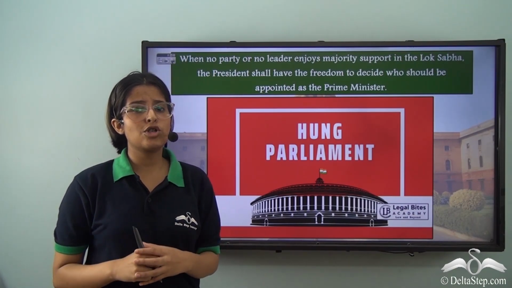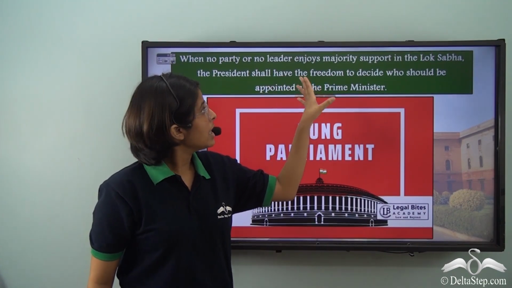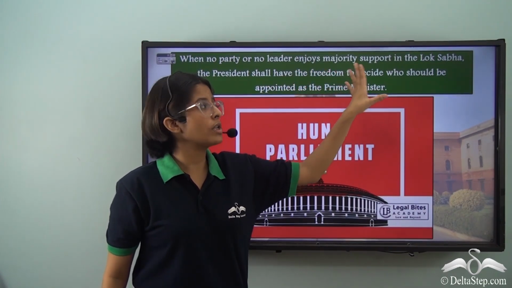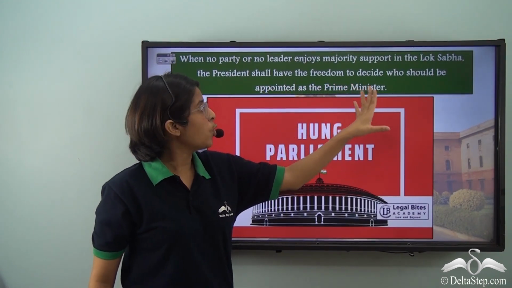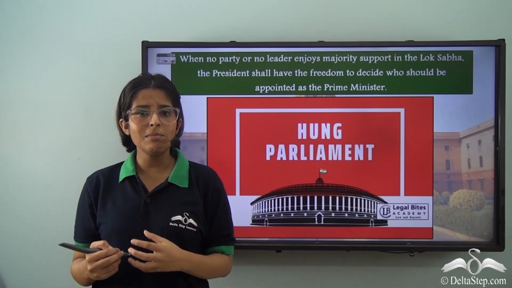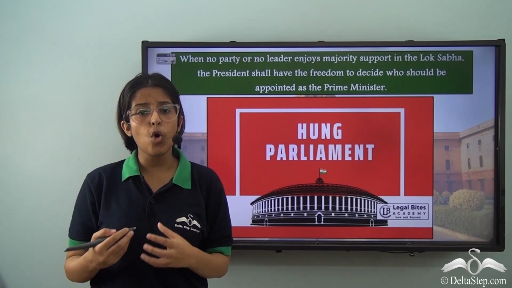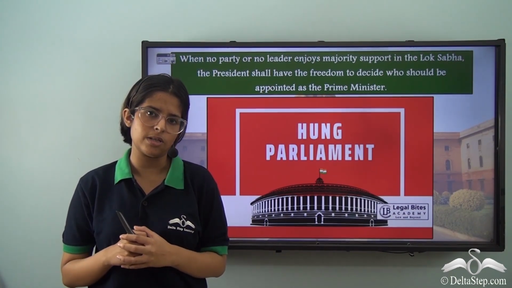The second discretionary power is that when no party or leader enjoys majority support in the Lok Sabha, the president shall have the freedom to decide who should be appointed as Prime Minister. So, we know that the Prime Minister is the leader of the party or the coalition which gets the majority support in the general elections.